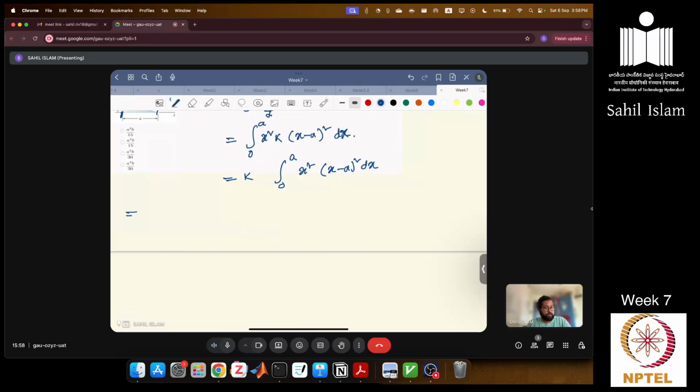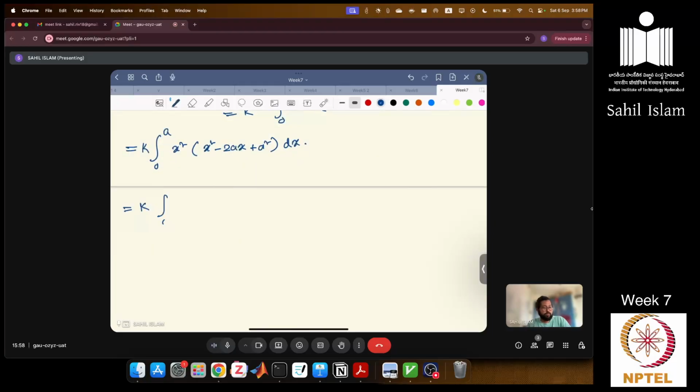So let's calculate this integral. x square times (x square minus 2ax plus a square) dx. That is k times the integral from 0 to a of x to the power 4 minus 2a x cube plus a square x square dx, which equals k times [x to the power 5 by 5 minus 2a x to the power 4 by 4 plus a square x cube by 3] from 0 to a.